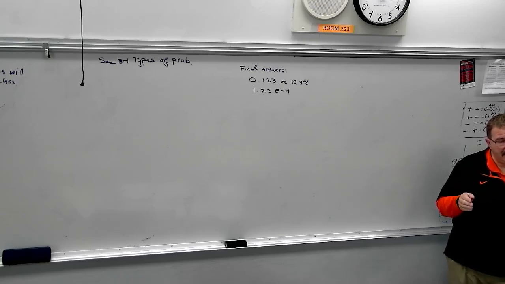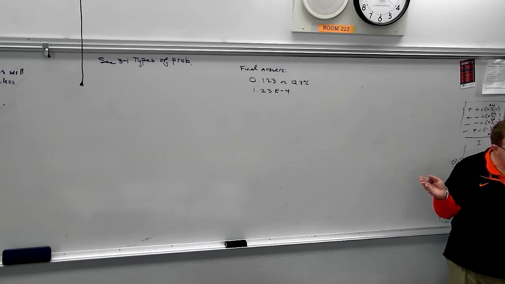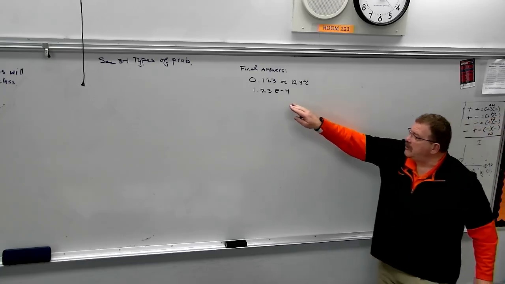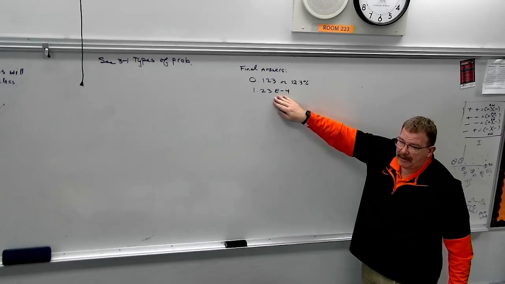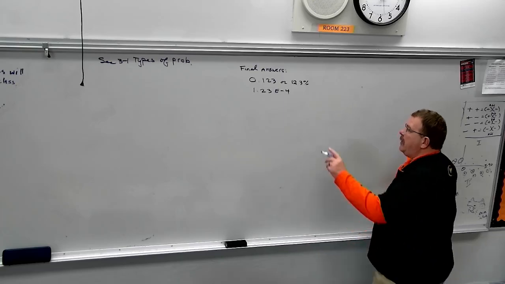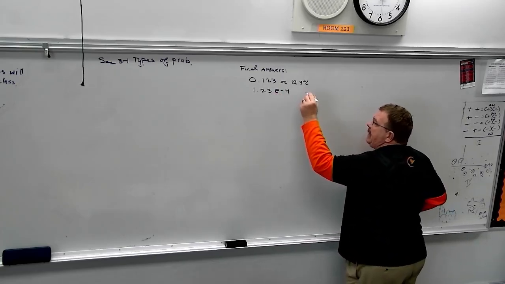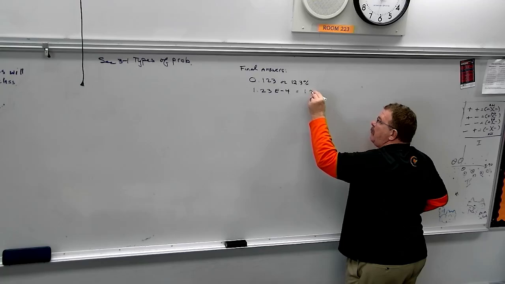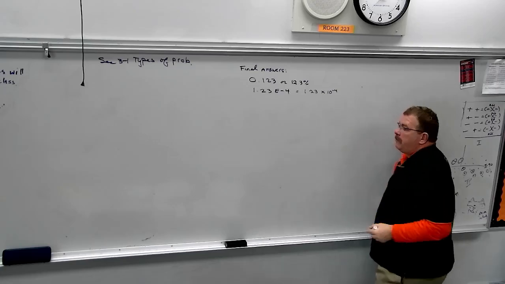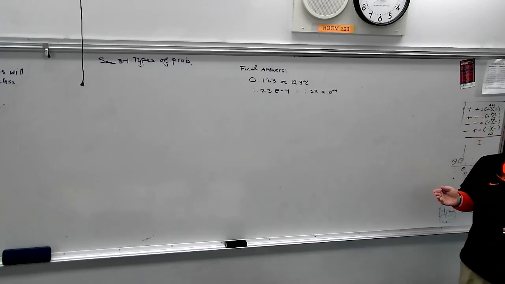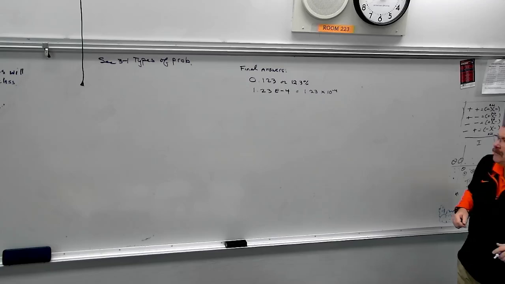It just means that your answer is smaller than the nearest thousand. What your calculator is doing is putting this in scientific notation. This is not acceptable. Don't leave it like this. If you see this E, I want you to write it as 1.23 times 10 to the negative 4. Put it in proper scientific form. E is just base 10.